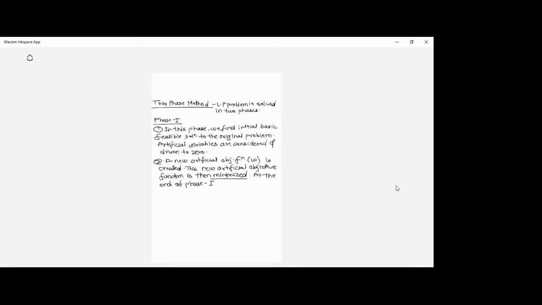And at the end of phase 1, there are 3 cases that may arise, and today we are going to see only case 1, right?